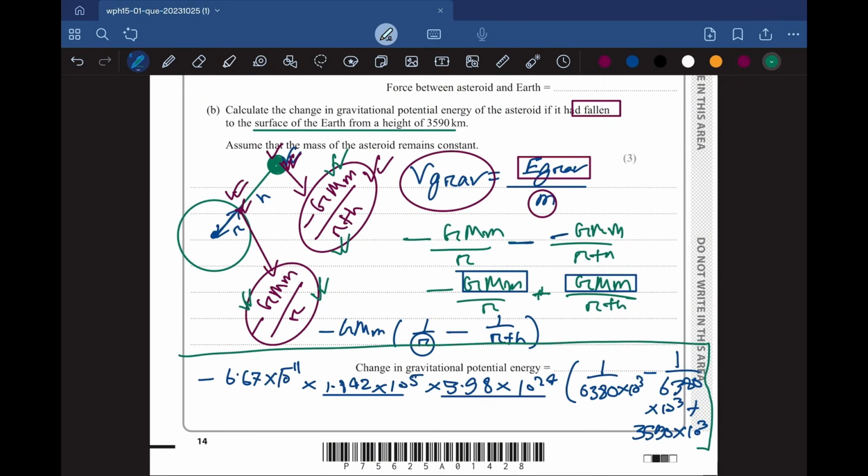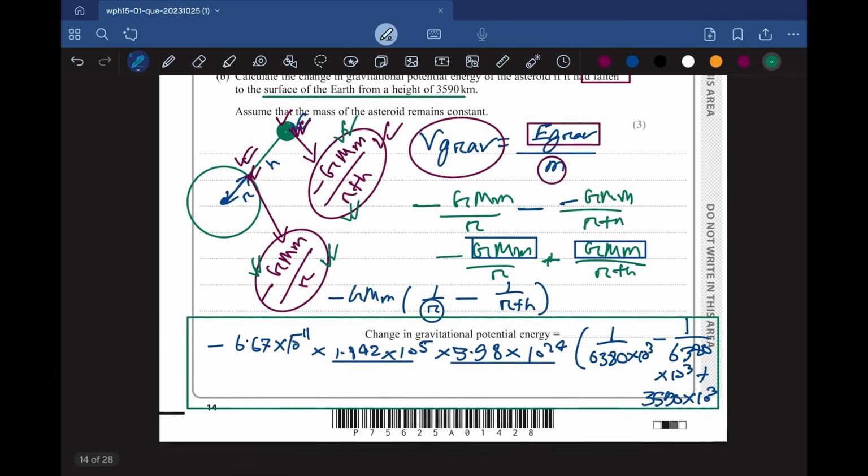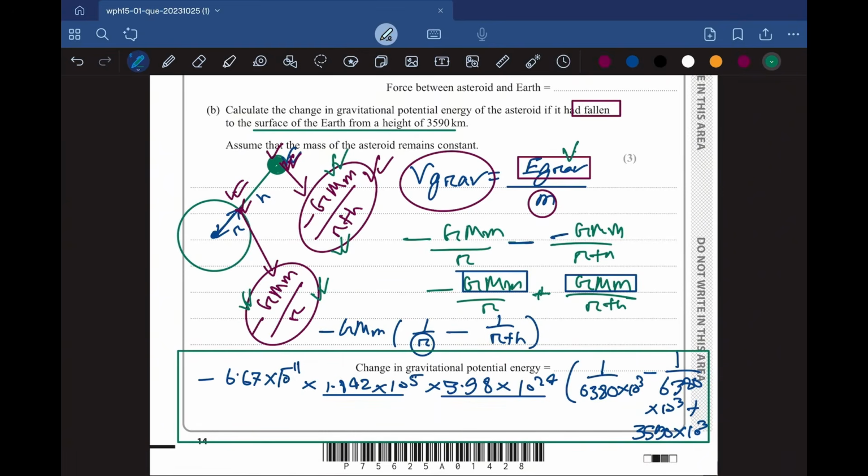After putting all of this into your calculator, you will be able to figure out the value of this gravitational potential energy.